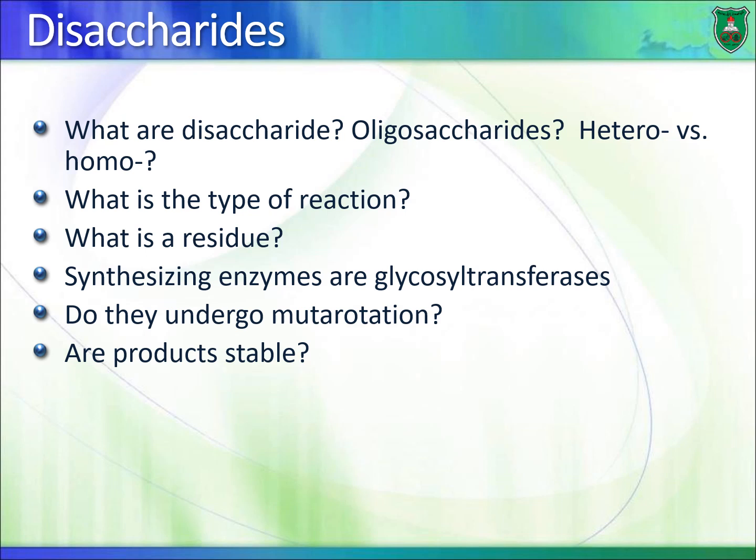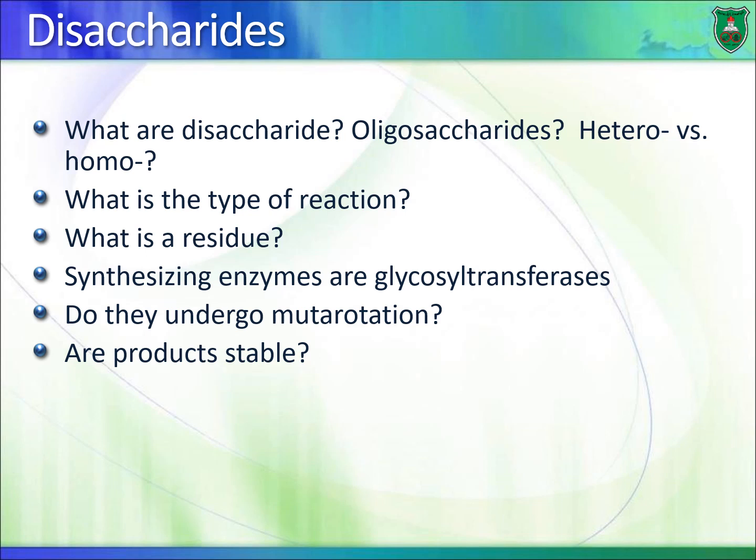Okay, so we say a monosaccharide residue, a sugar residue, an amino acid residue, which means that it is part of a large complex of similar molecules. Okay, but if I have a single monosaccharide, then I call it just a monosaccharide. If I say a glucose residue, it means that it's part of a larger structure.